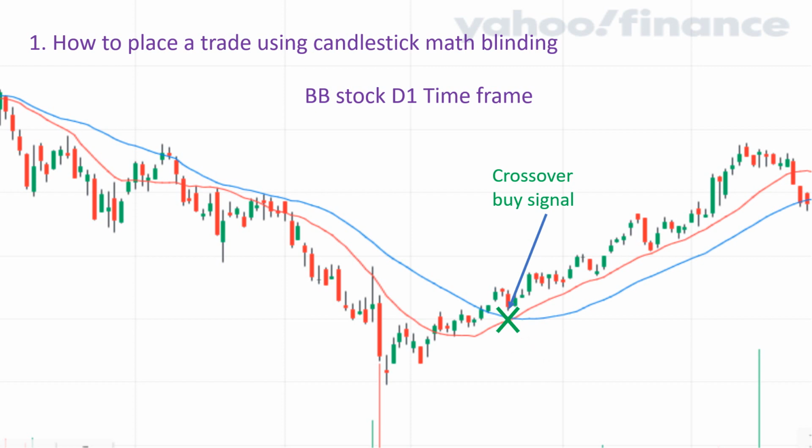I want to show you here another easy method. You can enter the trade and maximize your profit using candlestick blending. So in my next slide, I'm going to highlight this section to show you this technique.